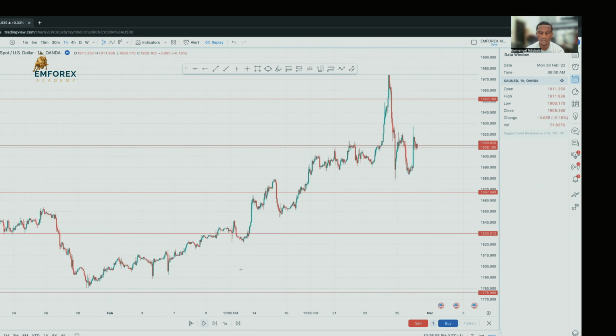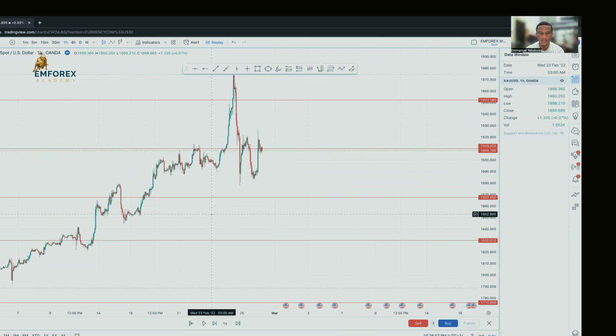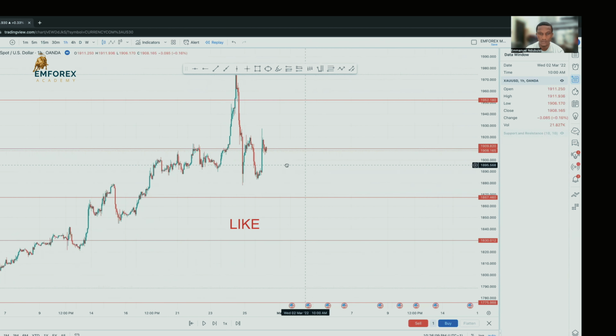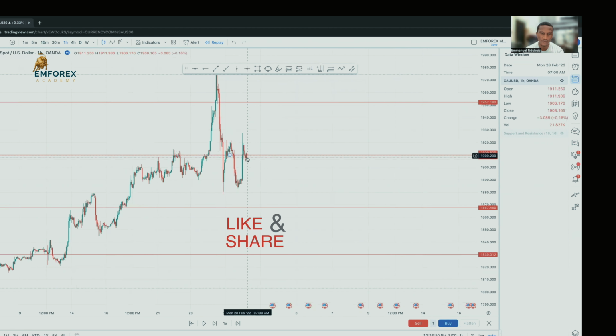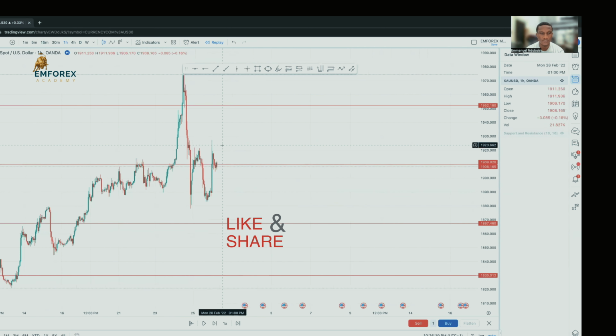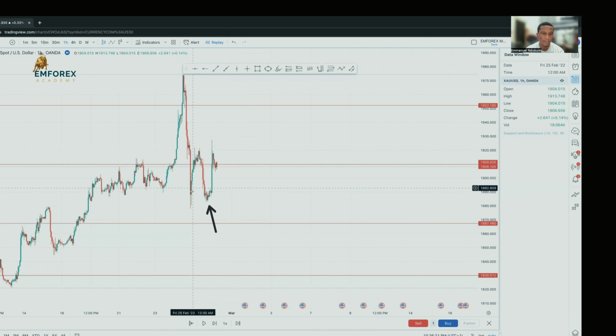Okay, so let's see if we can work out something here. Here we have price just closed below. Though we have some areas here where price will likely want to fill up, based on the trend of the market, you can see that the market came down here, was trying to create a lower low but failed. Here it took out this high slightly, so we should be looking for more buying opportunities to push this market to the upside.